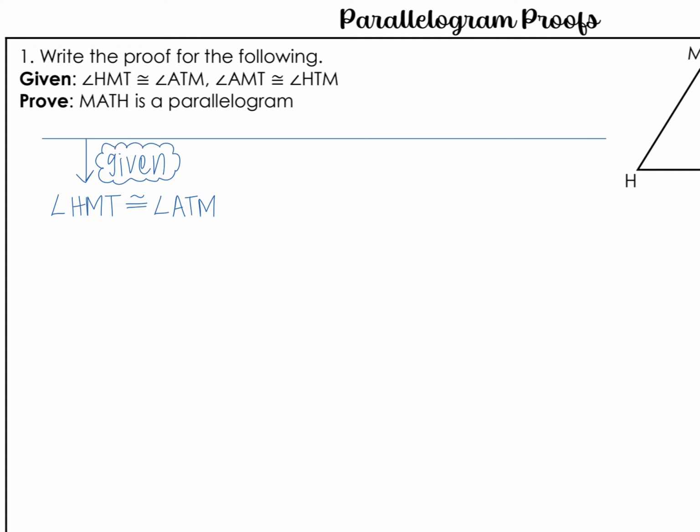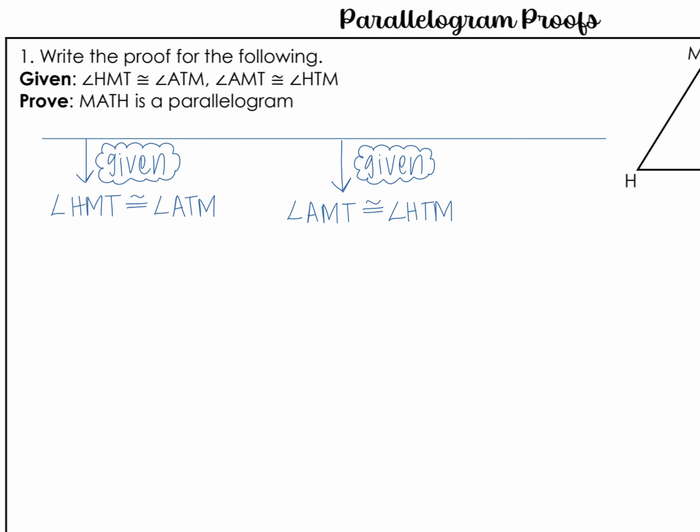And then I'm going to go ahead and copy down that second given here: angle AMT is congruent to angle HTM. And since that was also given, I'm writing given as my reason.